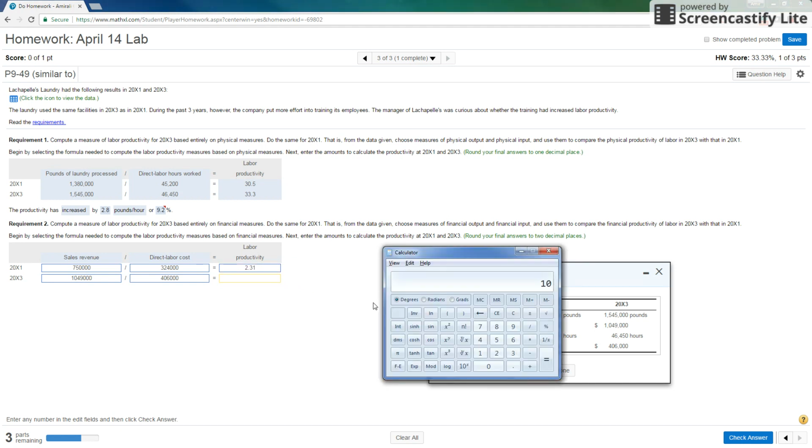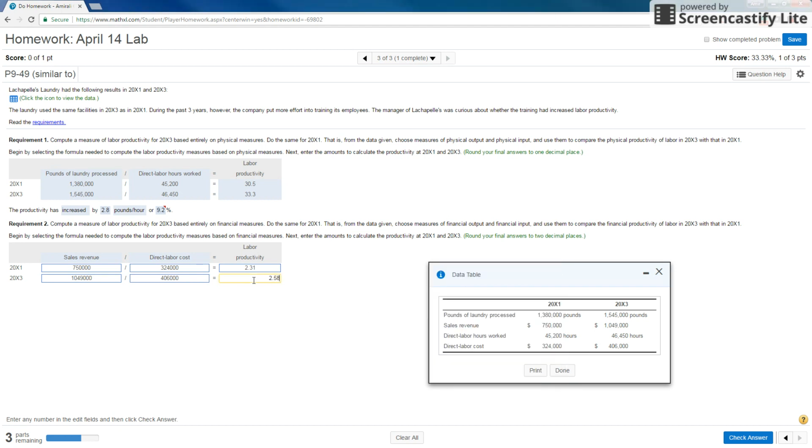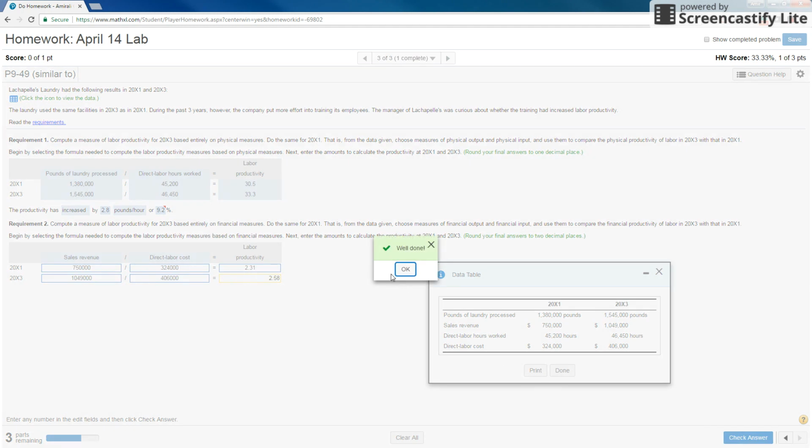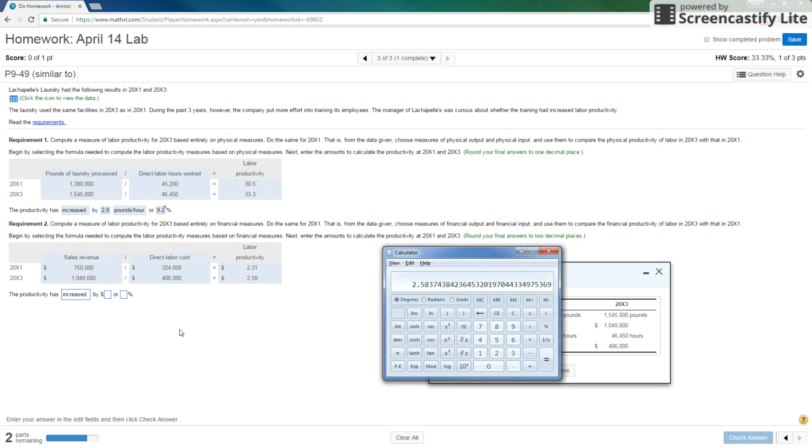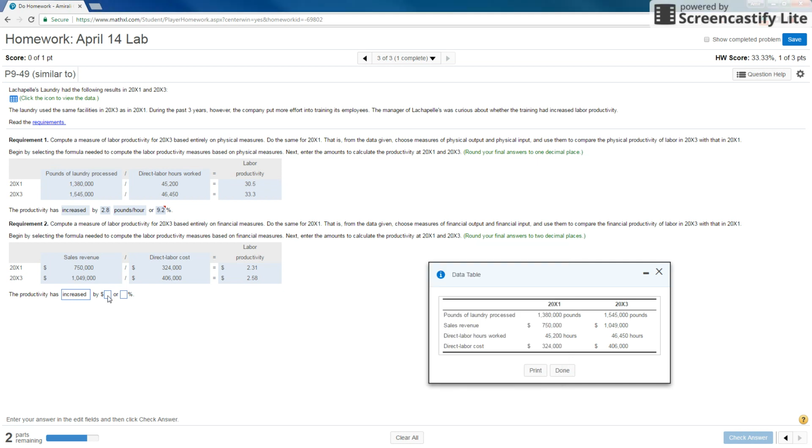And 1,049,000 divided by 406,000, 2.58. Answer, good. Again, it increased by 258 minus 231, 27 cents.